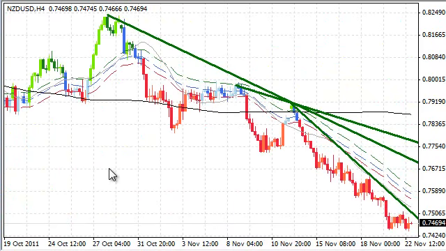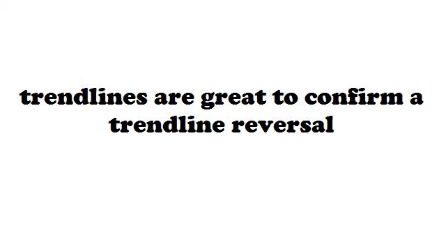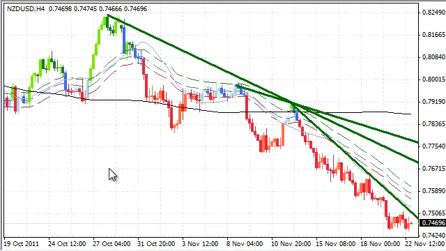So trend lines are great to confirm a trend reversal, which is the topic of our discussion, but I think they are very lagging when it comes to defining the trend itself.